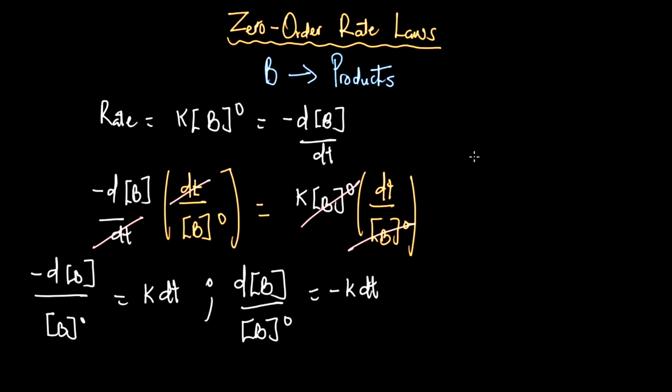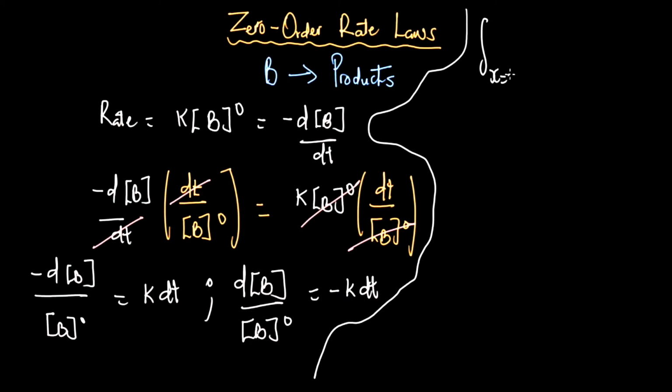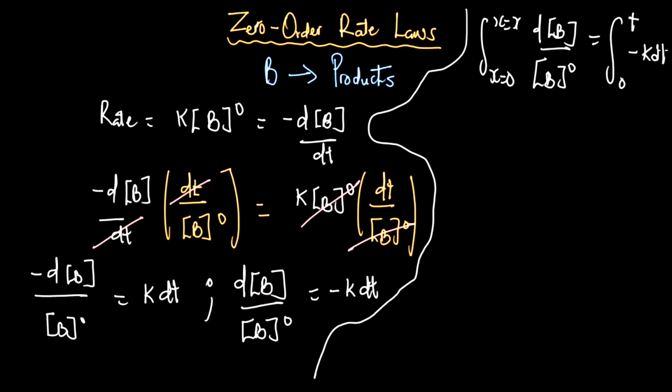Let's integrate both sides. We have the limits from B naught to Bx on the left, and from 0 to t on the right, so we have negative k dt.